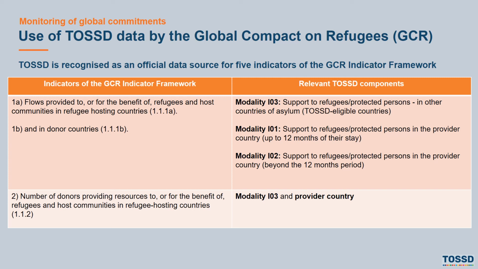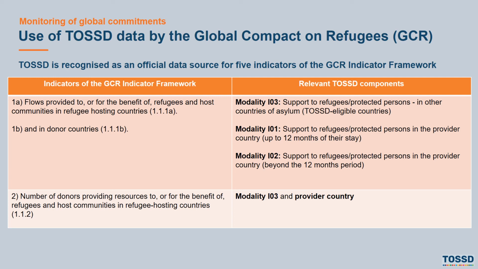Modalities IO3 covers support to refugees, protected persons in other countries of asylum. Modalities IO1 covers support to refugees, protected persons in the provider country up to 12 months of their stay, and modalities IO2 beyond the 12-month period.